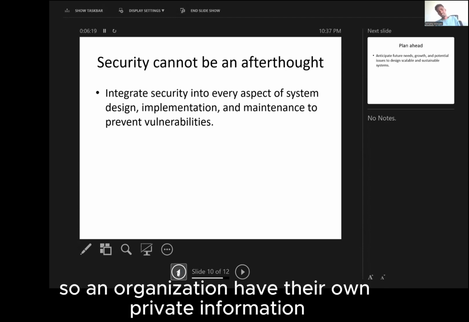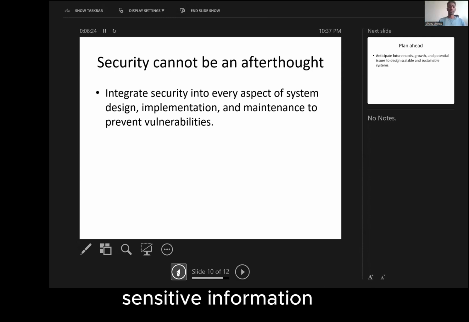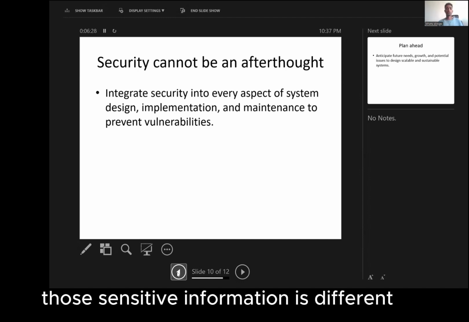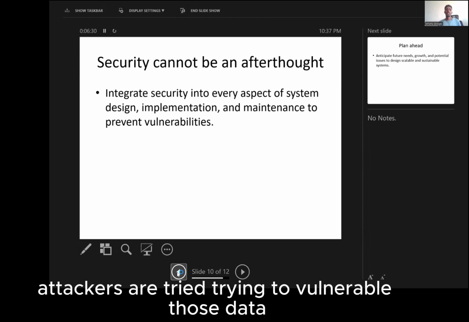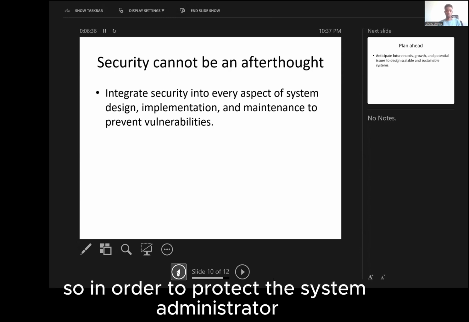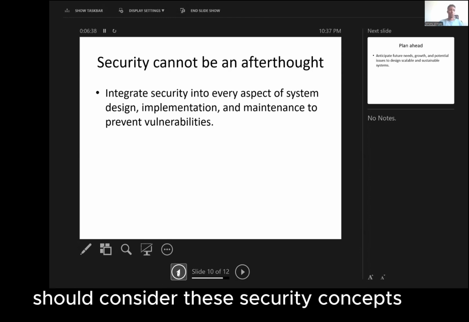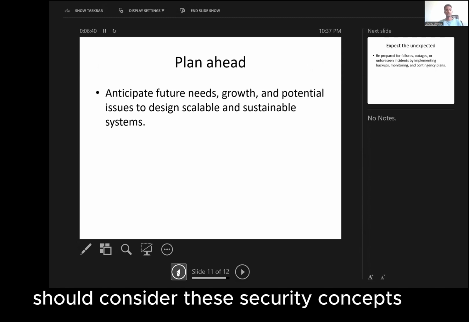An organization has its own private, sensitive information. Different attackers try to exploit vulnerabilities to attack that sensitive information. So in order to protect it, the system administrator should consider the security concerns.